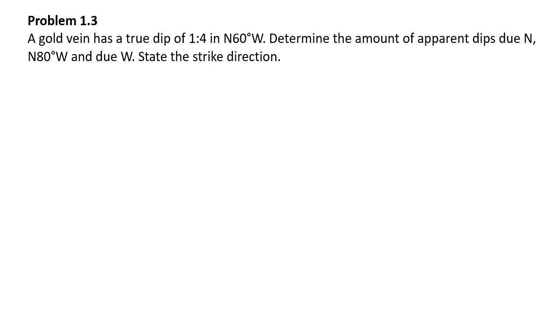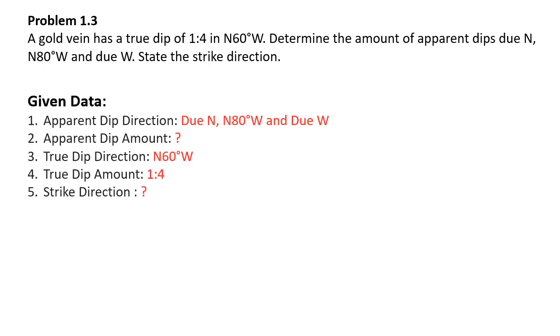There is a gold ore body which has a true dip of 1:4 in the north 60 degree west direction, and we need to find the apparent dip amount due north, north 80 degree west and due west, and also the strike direction.